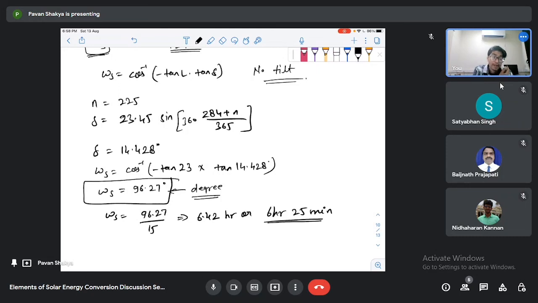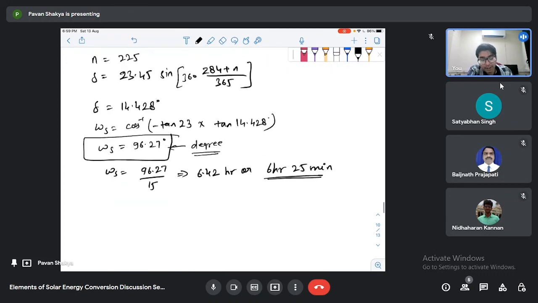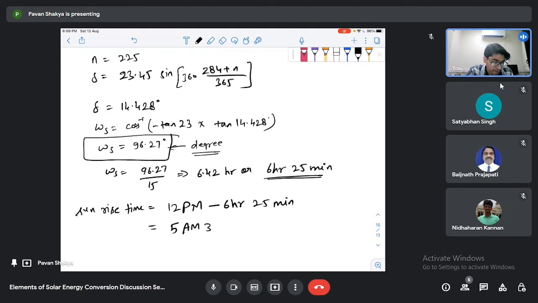Now, as I have told you earlier, noon is considered at 12 p.m., and we have calculated that the omega s value is 6 hour and 25 minutes. So for calculating the sunrise time, we subtract this from 12 p.m. noon: 12 minus 6 hour and 25 minute comes out to be 5 a.m. and 35 minutes.